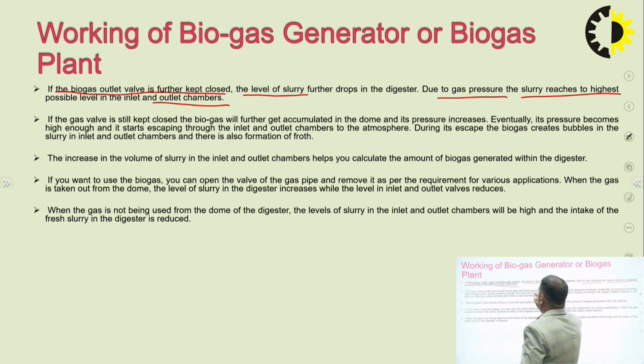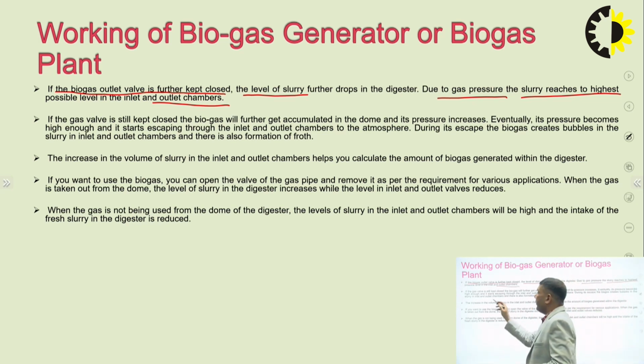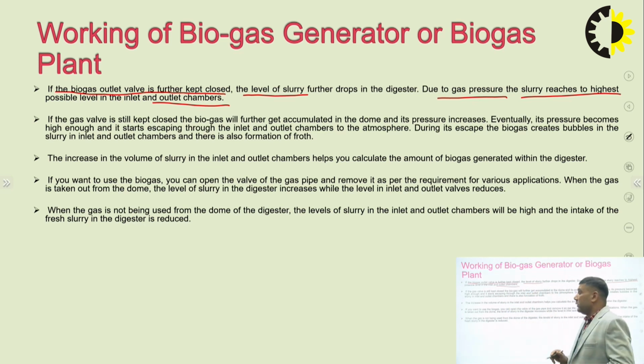the biogas will further accumulate in the dome and its pressure increases, and eventually the pressure becomes high enough and it starts escaping through the inlet and outlet chamber to the atmosphere itself.